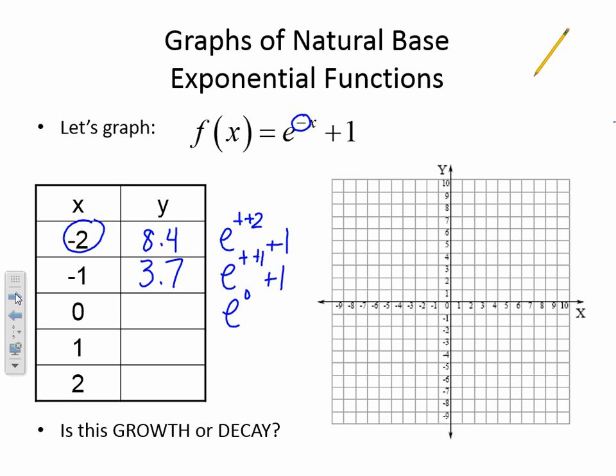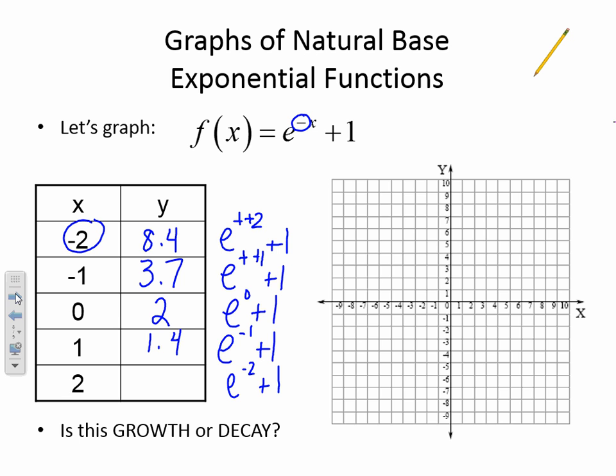E to the 0 plus 1. E to the 0 is 1 plus 1 more makes 2. E to the -1 plus 1. Remember the negative sign was in the equation. So e to the -1 plus 1 is 1.4-ish. And then e to the -2 plus 1.